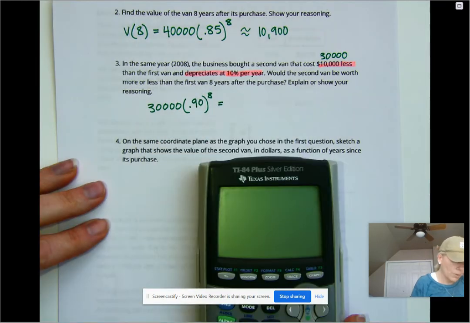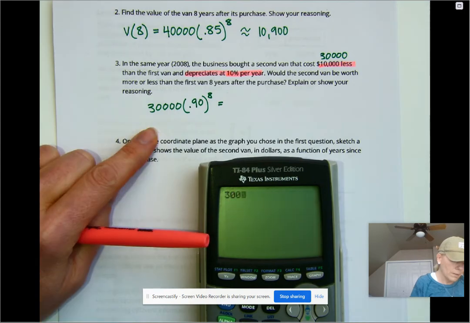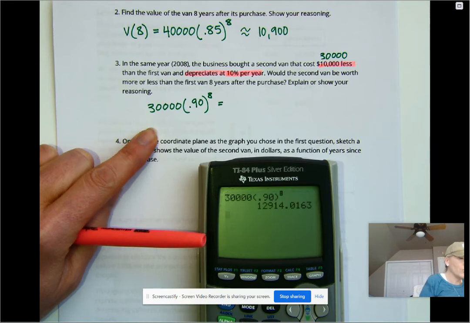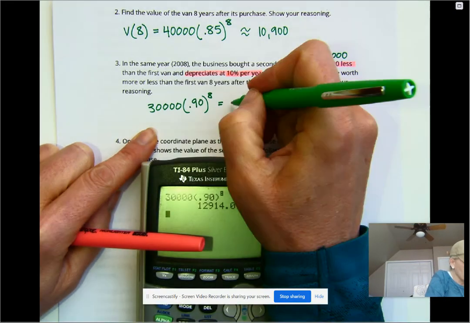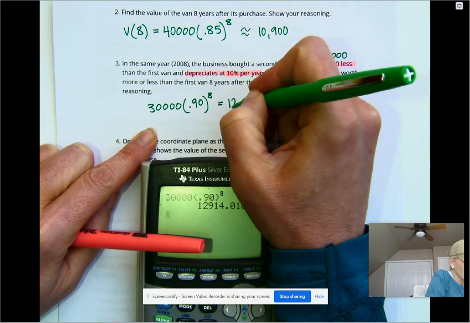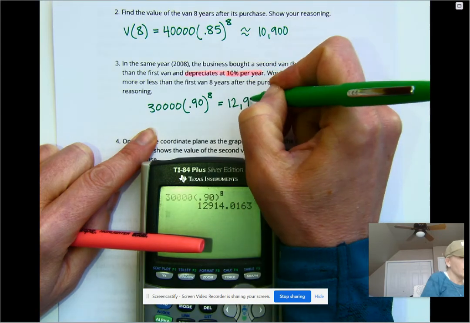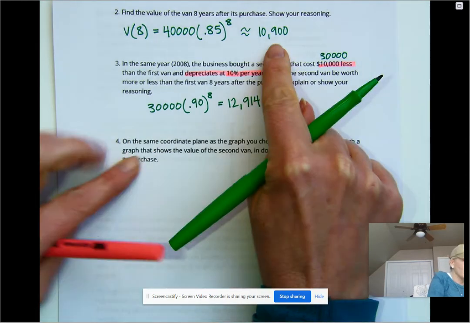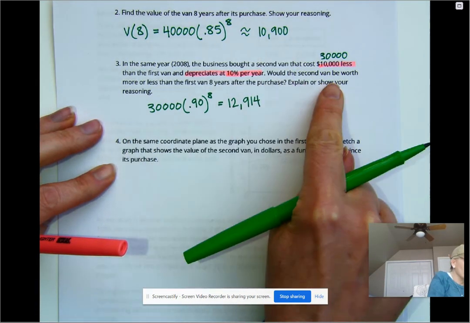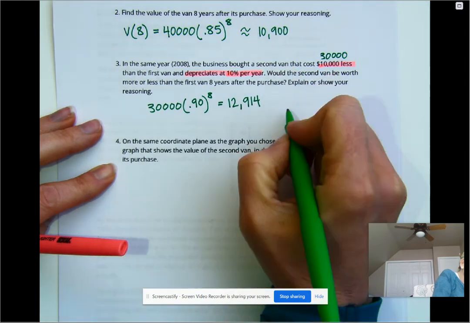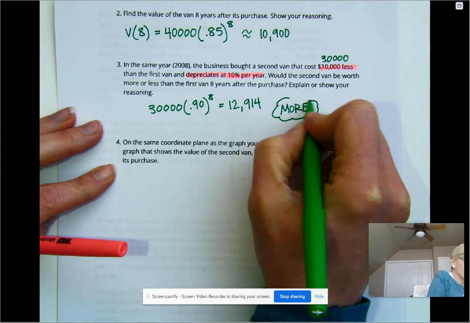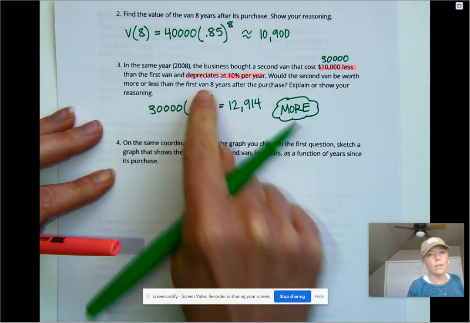All right, so 30,000 times 0.9 to the eighth, $12,914 and some cents. Okay, so since that's more than 10,900, the second van would be worth more. More than the first van after 8 years.